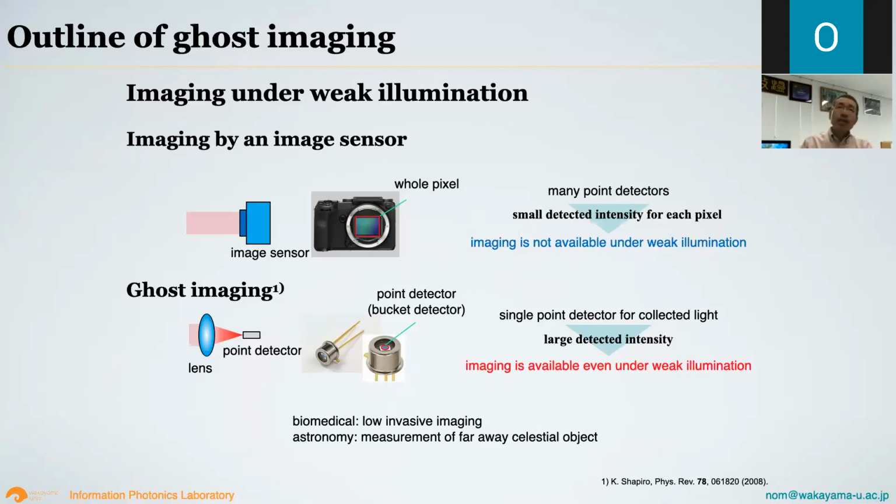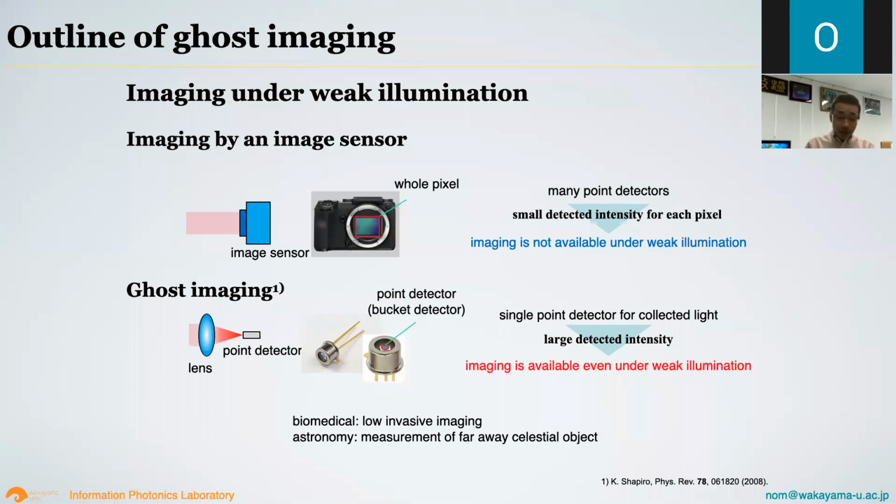Conventionally, imaging uses an image sensor, a camera, with a lot of pixels, so many point detectors, and a small detected intensity for each pixel. So a normal camera is not available under weak illumination.